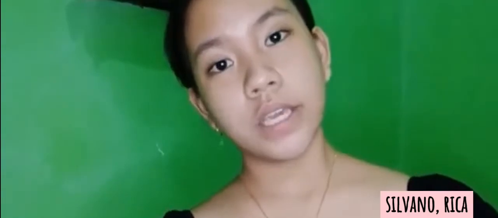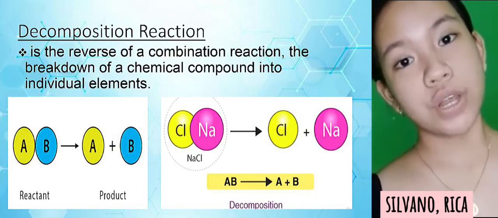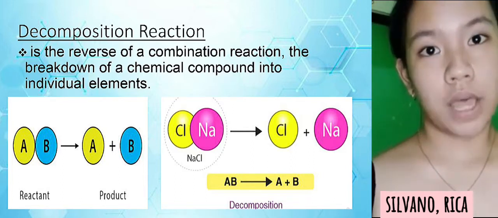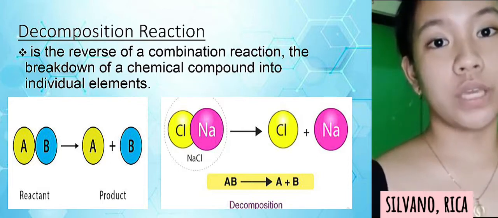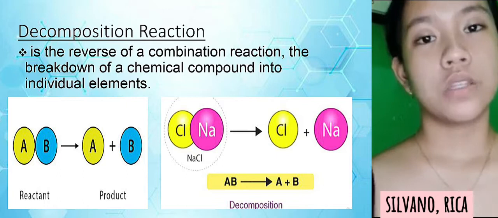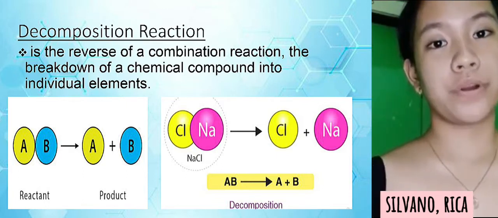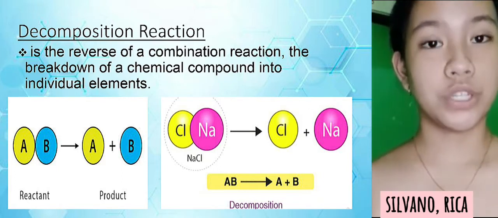So second is the decomposition reaction, which is the reverse of a combination reaction, or chemical breakdown. It is when a compound breaks into two or more individual elements. So as we can see in the example, the chemical compounds are separated from each other. That's what we call decomposition.